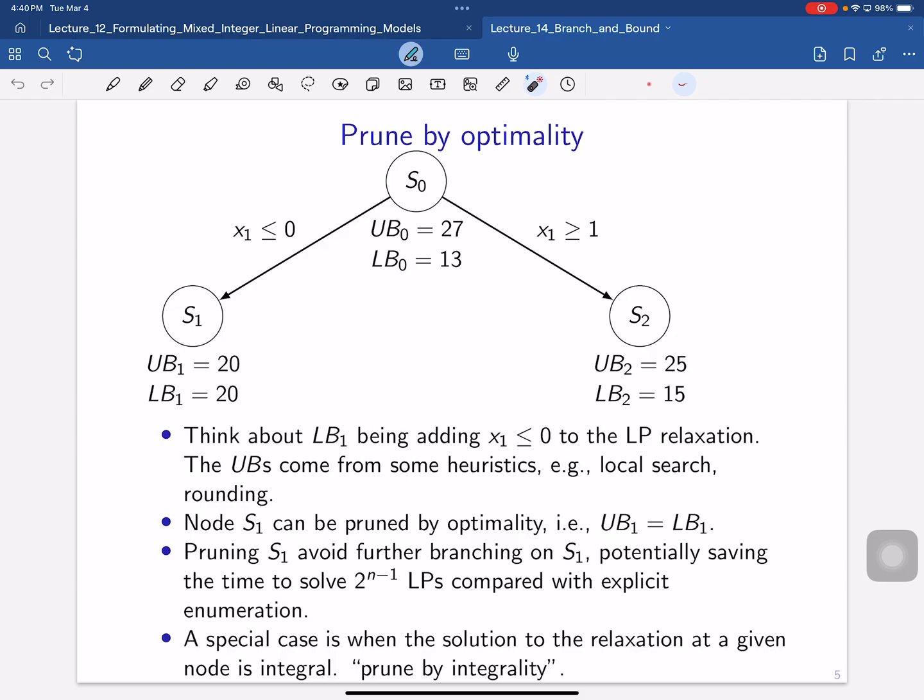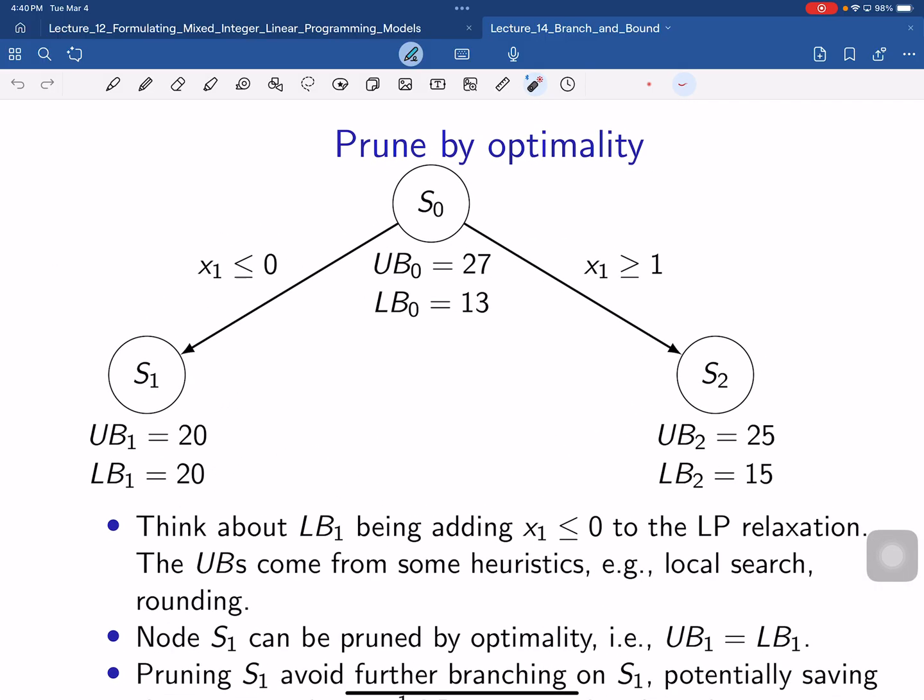Let's think about this particular problem where, let's assume at the root node, you solve the LP relaxation and you get a lower bound of 13, and somehow you have a heuristic which gives you an upper bound of 27. Now let's say after solving the root node, you do an operation called branching.